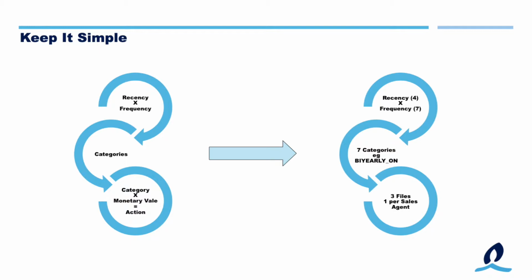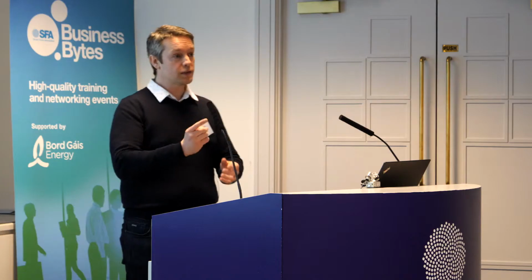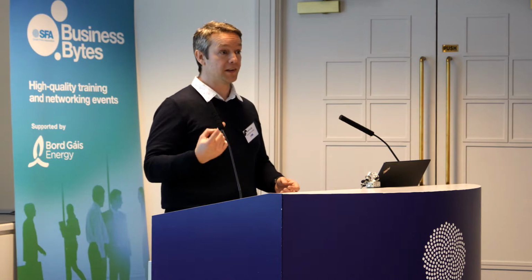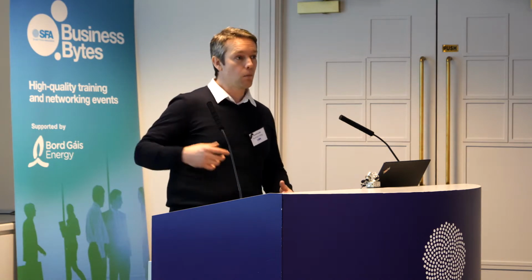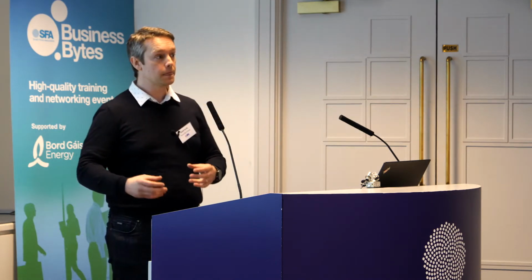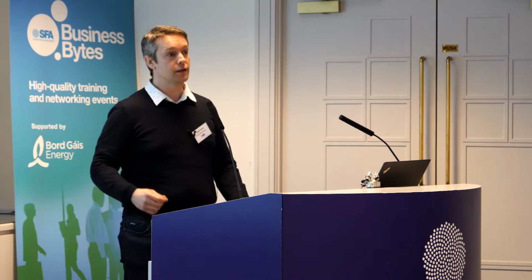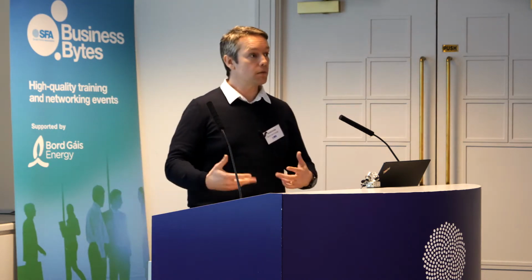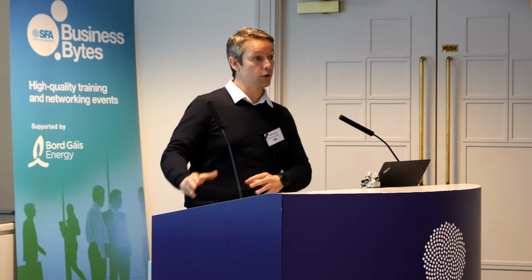So we simplified that into 3 types of sales lead, 3 files. Delivering that to our sales agents, we said one sales agent only gets 1 type of lead. So they know going into a conversation with the customer what the customer mindset is, what the conversation is going to be, how to lead that conversation, and what objections they might have to handle. So they go in, they already know what they're going to say.